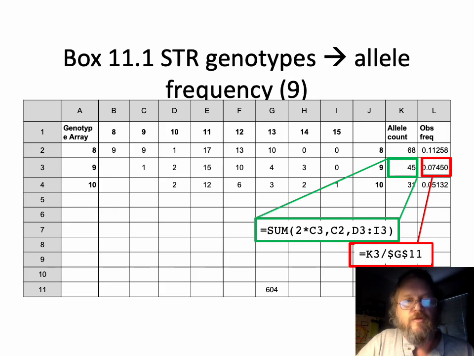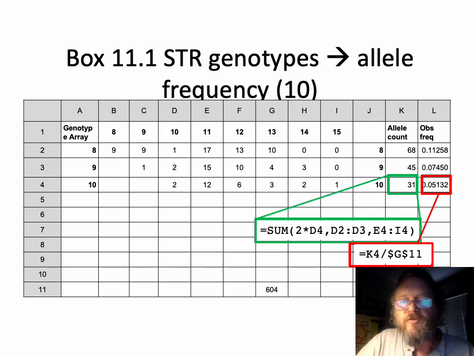Okay, so let's do one more example. Let's do allele 10. Where do we find allele 10? Row 4. And then we're also going to find it in D2 and D3 as part of genotypes 8, 10, and 9, 10.